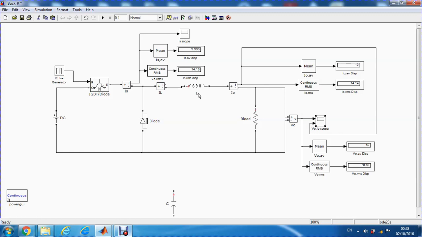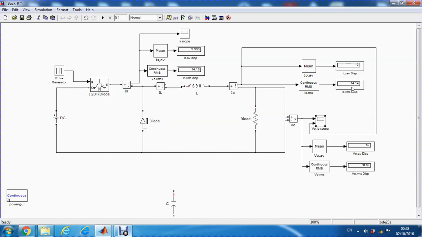That means there's not much effect of the inductive load on the output currents and the output voltage. It's almost similar to the resistive load alone, as if it was working alone. So this 10 amps again is the same for the average value of the current, and this 14.14 is the RMS value of the output currents.